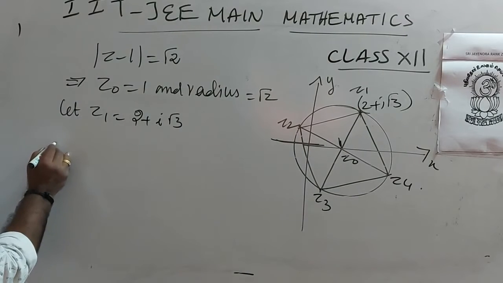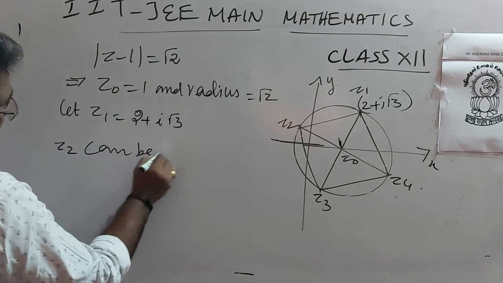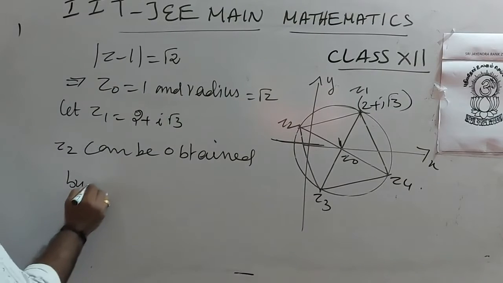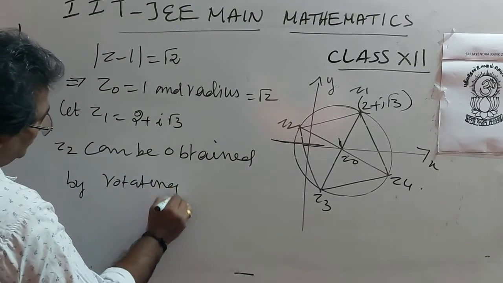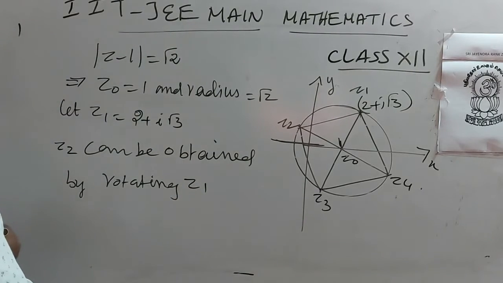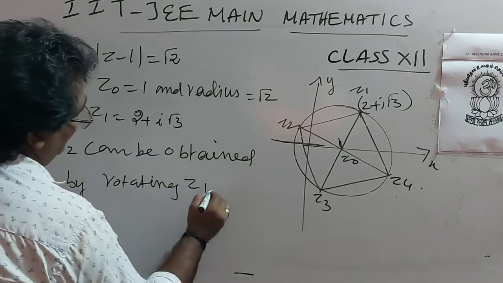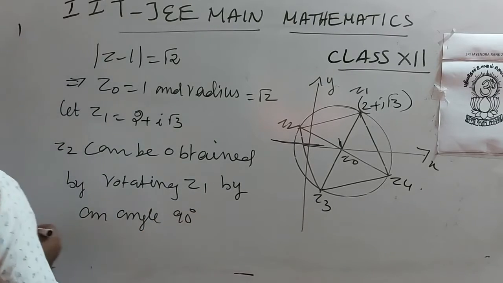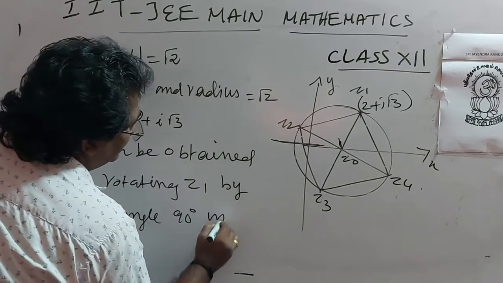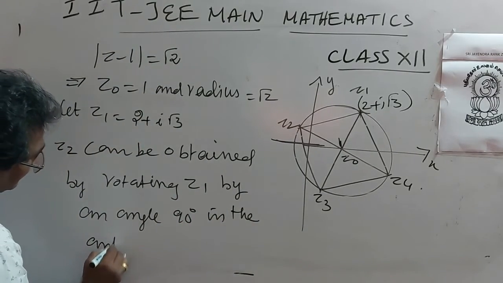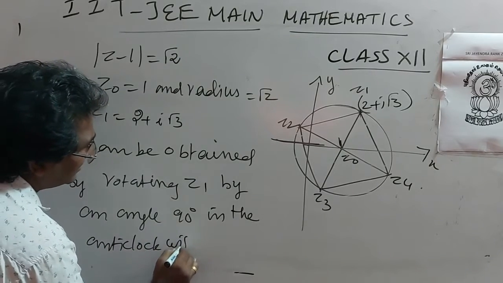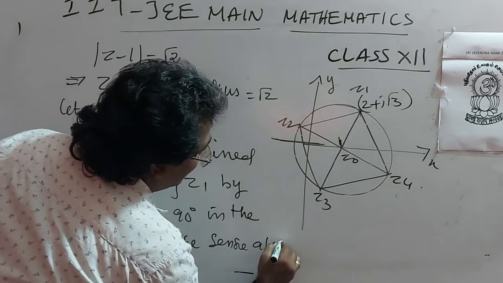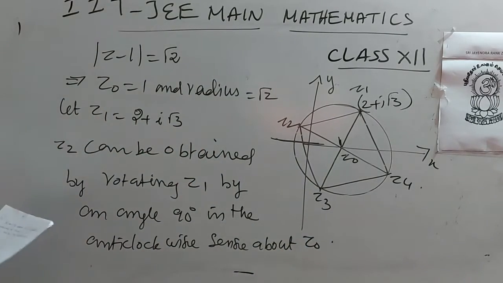So Z2 can be obtained by rotating Z1 by an angle 90 degree in the anti-clockwise sense about Z0.